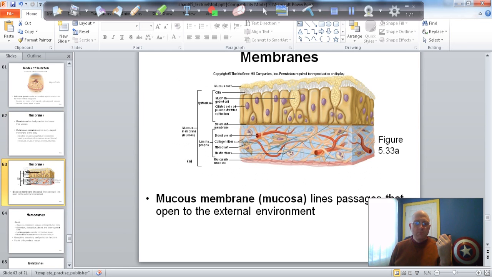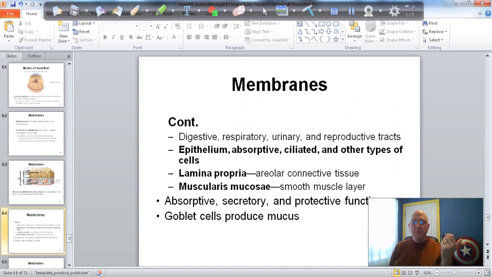We've got mucous membranes, like you would find inside your nose and mouth and digestive tract. We also have serous membranes. A serous membrane would produce what instead? A serous fluid, thin and watery. So let's say digestive, respiratory, urinary, reproductive tracts: epithelium, absorptive, ciliated, and other types of cells, lamina propria, areolar connective tissue, muscularis mucosae.